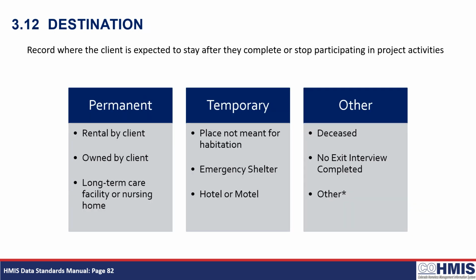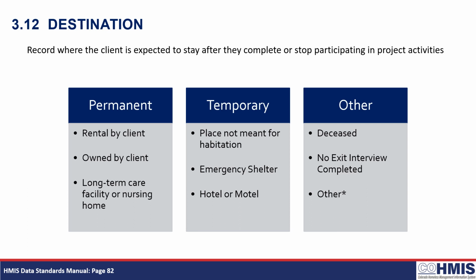As a part of measuring programmatic outcomes, HUD requires us to collect destinations when exiting clients from our projects. Destinations are just where clients are expected to stay after they complete or stop participating in project activities. Destinations are grouped into three different categories: permanent destinations, temporary destinations, and other.